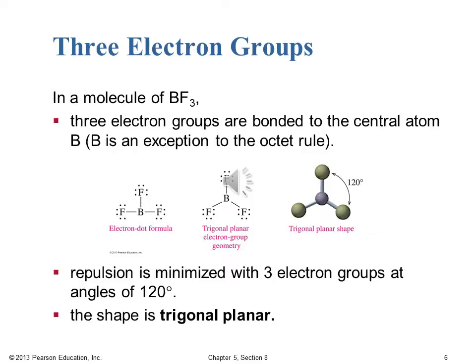If we increase it to 3 electron groups, now let's consider boron trifluoride here. Remember, boron was one of our other exceptions to the octet rule. We had the 3 exceptions that have less than an octet: hydrogen, which is happy with a duet; beryllium, which we just saw is happy with a quartet; and now boron, which is happy with a sextet.